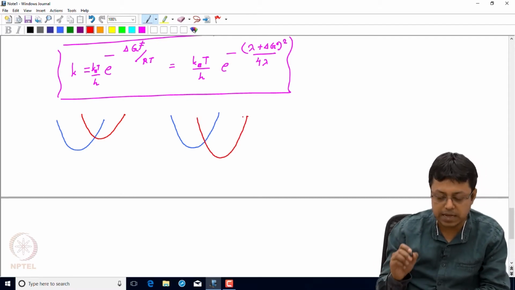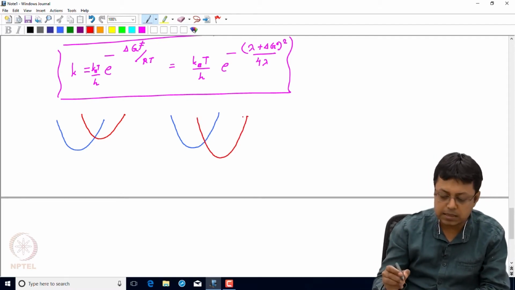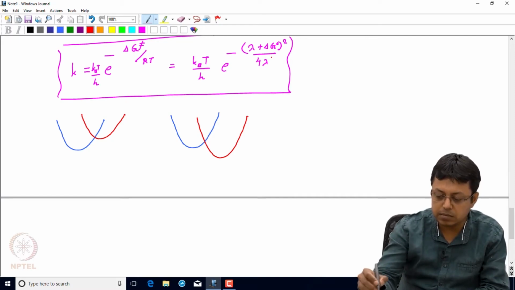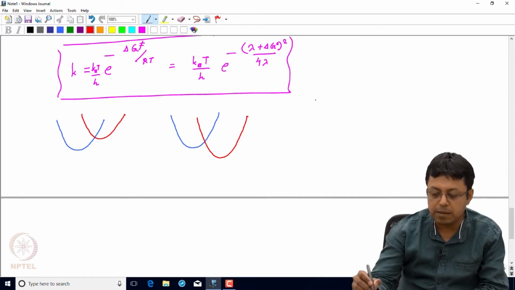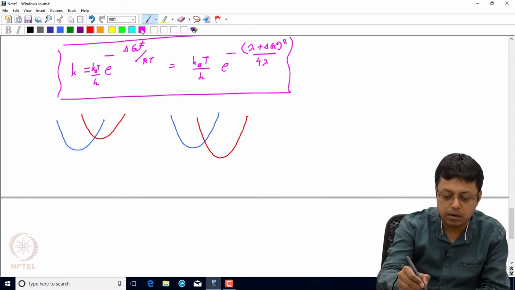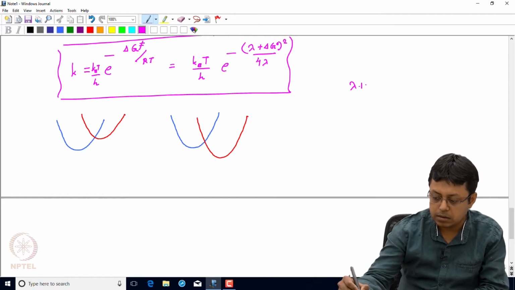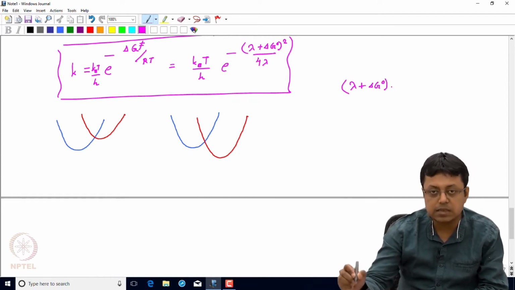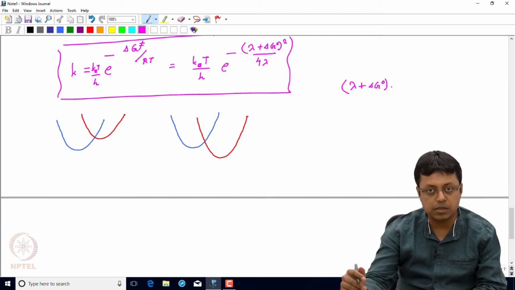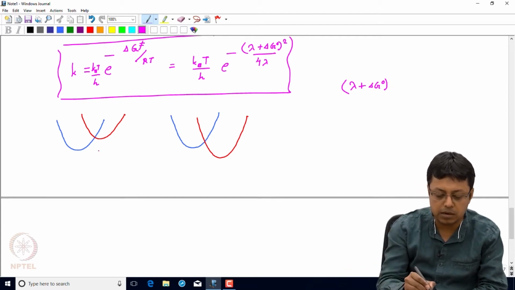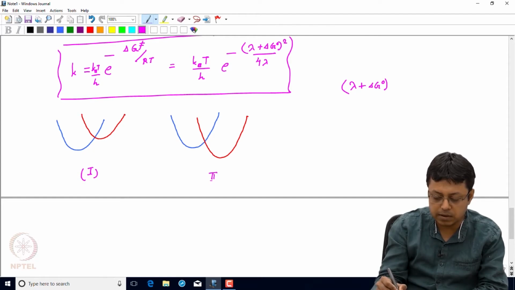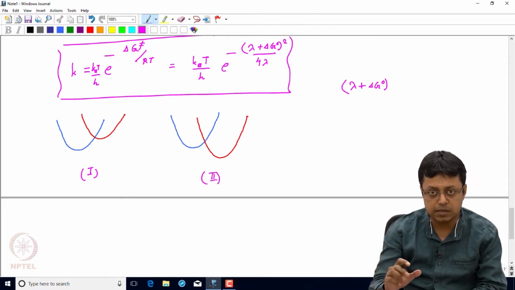So in these 2 cases what we see here is this term, which is basically lambda plus delta G0. So what is the sign of this term? Now lambda is always positive. In the first figure delta G0 is positive, and in the second figure it is slightly negative.